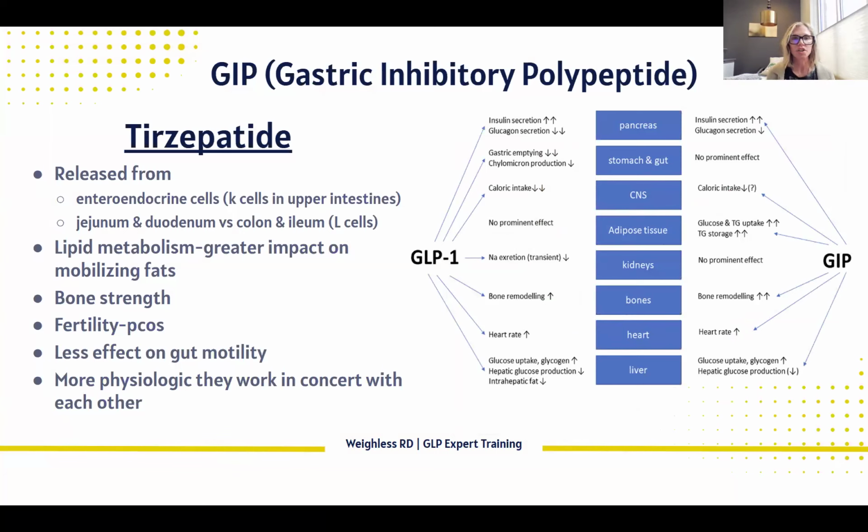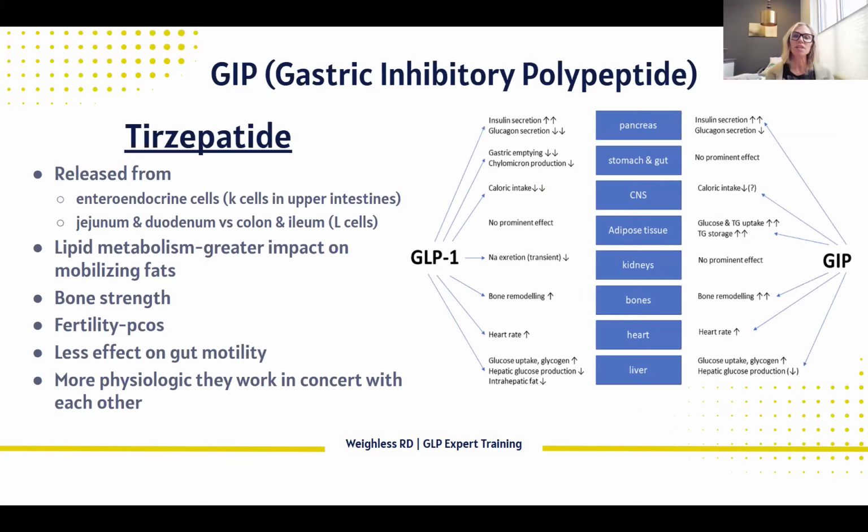And then we have our GIPs. Semaglutide is the single agonist. Tirzepatide is the dual agonist. So tirzepatide hits the GLP receptors and the GIP receptors, so it is a more comprehensive mechanism.